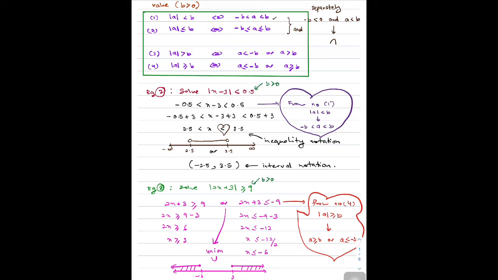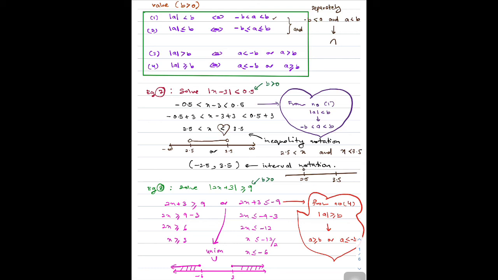For this one, if you solve separately, you get x greater than 2.5 and x less than 3.5. When we draw the number line, 2.5 here, and 3.5 is greater than 2.5.